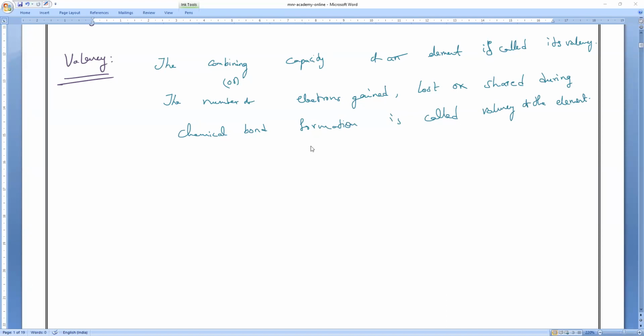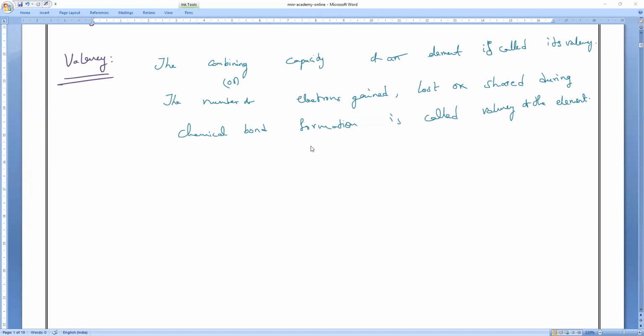Valency decides the reactivity of the element. You might have heard, or you are going to study it next year. If you take sodium and potassium metal and just expose them to the atmosphere, they will catch fire. If you put sodium in water, it will blast like a bomb. That is what is called reactivity.